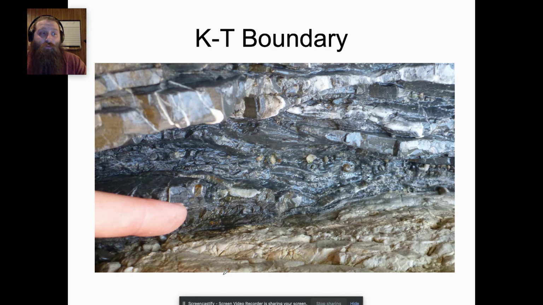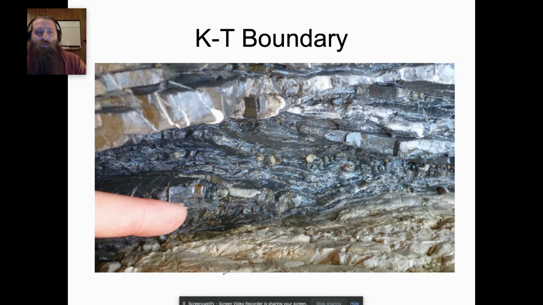It pretty much instantly freezes, and it can lead to what we call spherules, which are these little tiny glass spheres, and shocked quartz, which is when quartz gets hit and it's not quite hot enough to melt it, but it leaves a very distinct geologic trace.